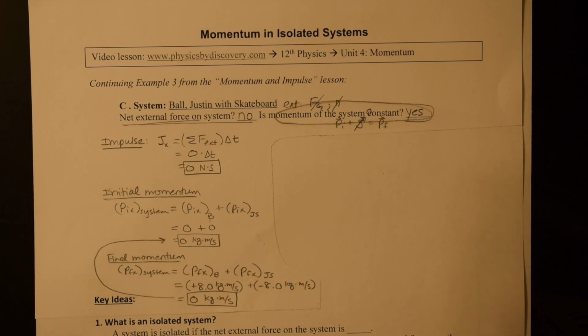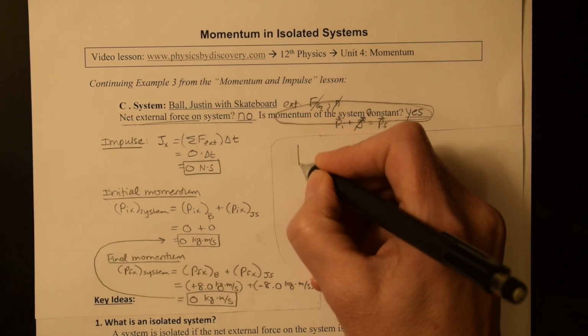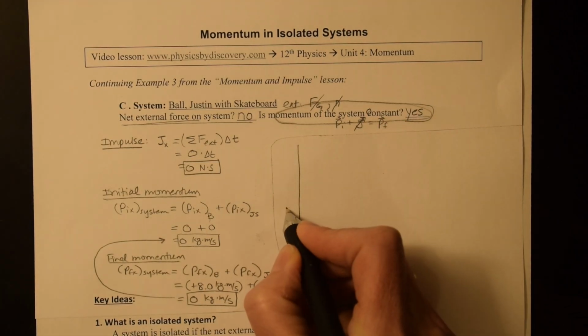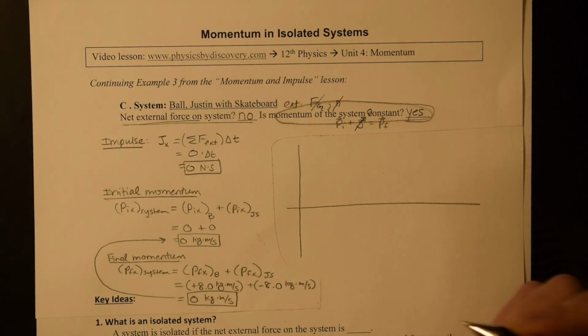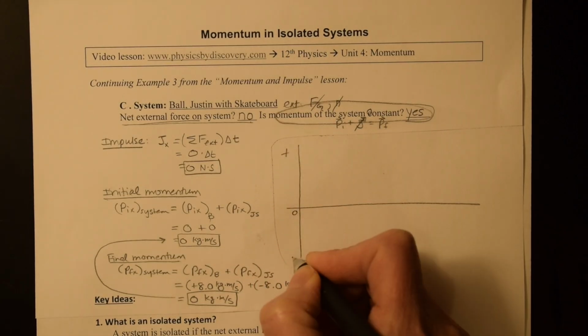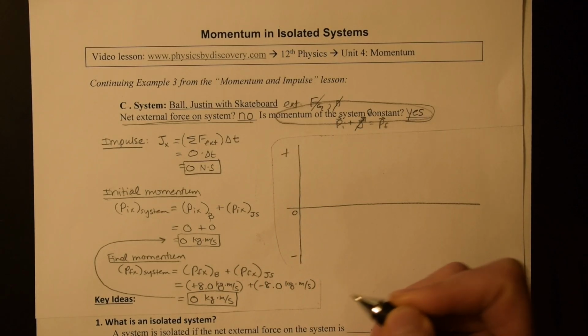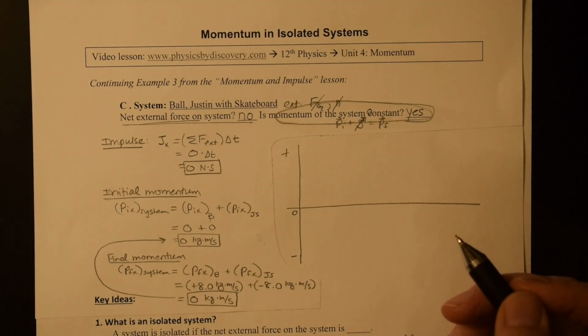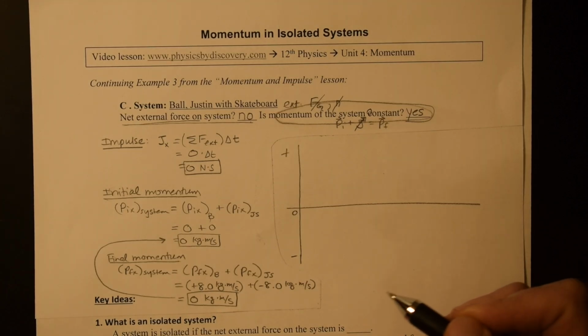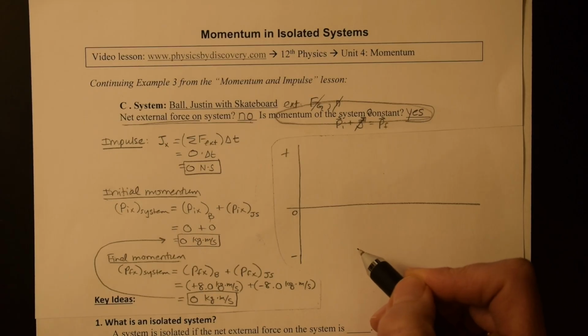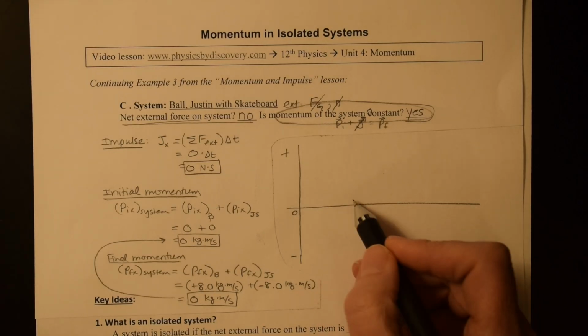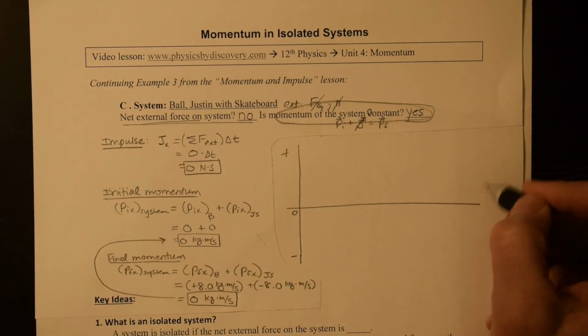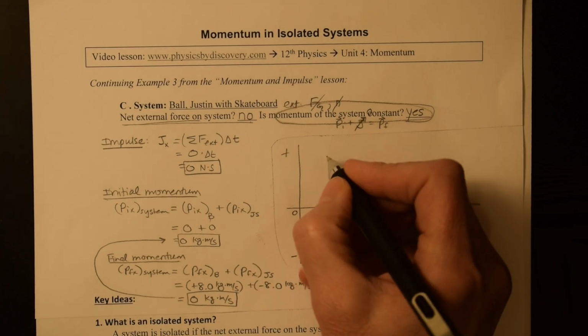Let's draw the momentum bar chart for our system. So draw the vertical axis, the horizontal axis, and how are we going to do this when we have more than one object in the system? Well, what we do is just draw a bar for the momentum of each object before and a bar for the momentum of each object afterwards.